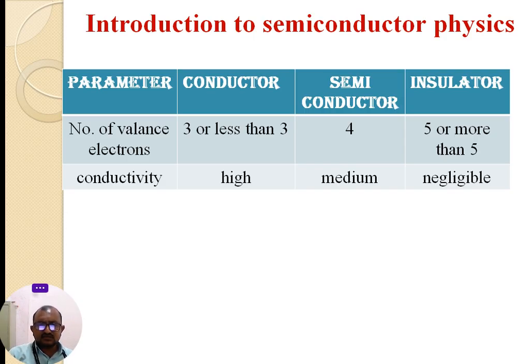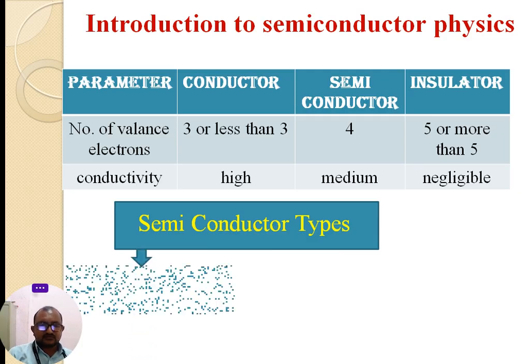In an insulator, the valence band and conduction band are separated by a large energy gap. The conductivity of a conductor is very high, the semiconductor conductivity is medium, and the insulator's conductivity is negligible.